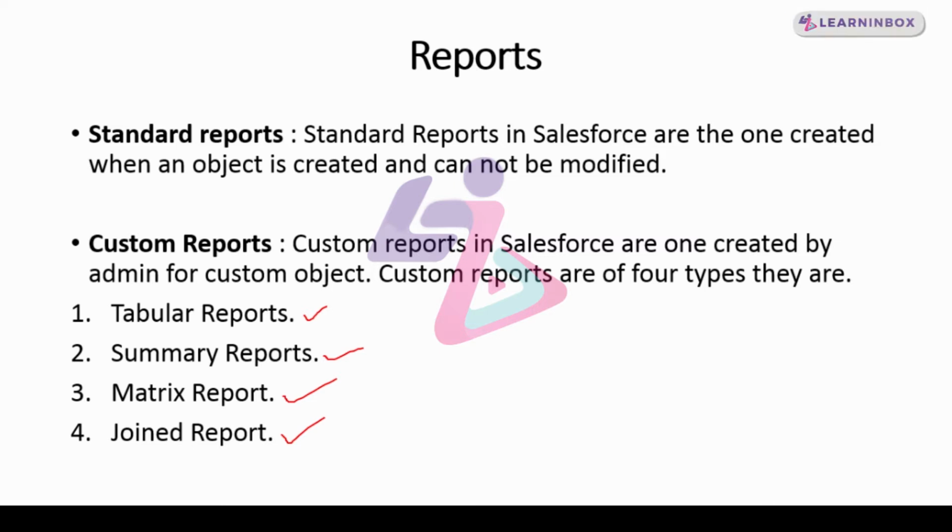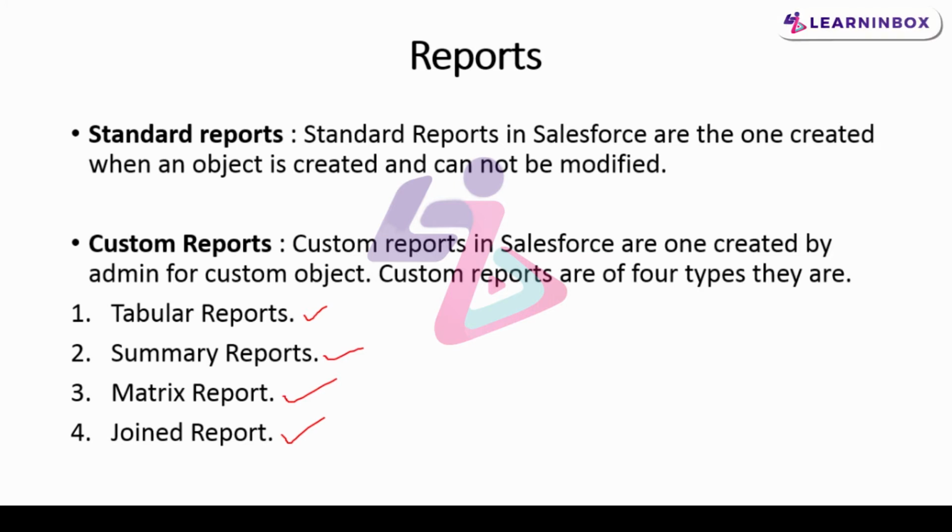Next one is the summary report. A summary report allows users to group rows of data, view subtotals, and create charts. So all these features which you were not having in tabular reports, you can have in summary reports.